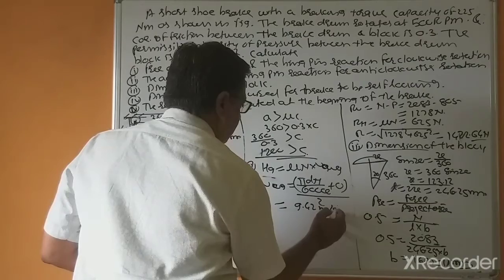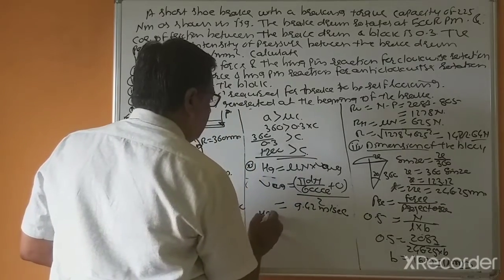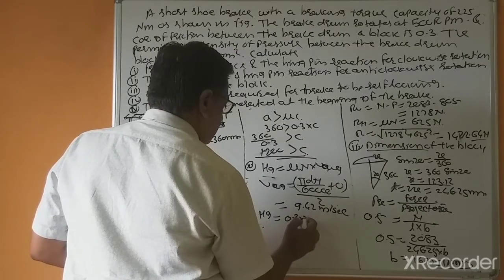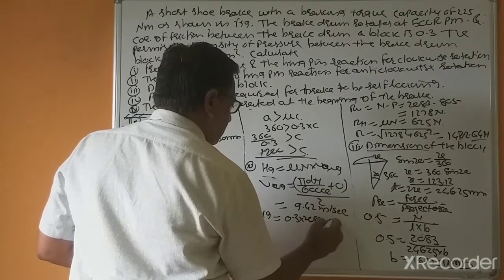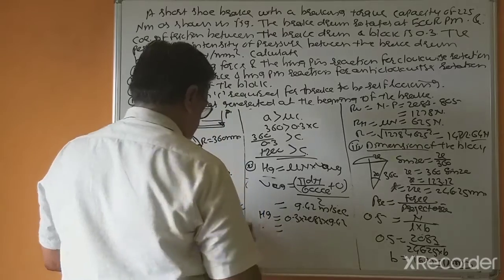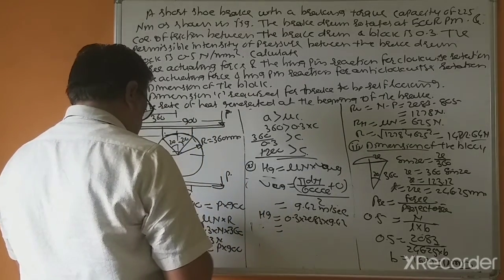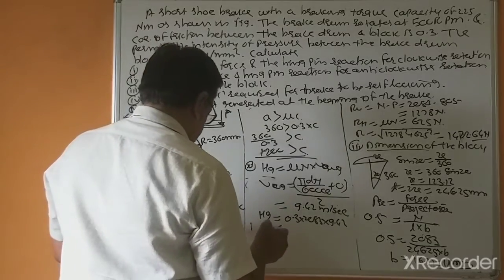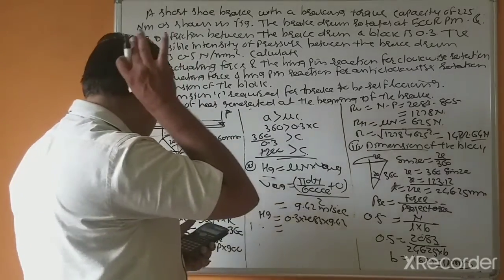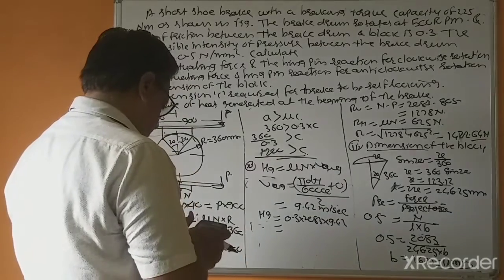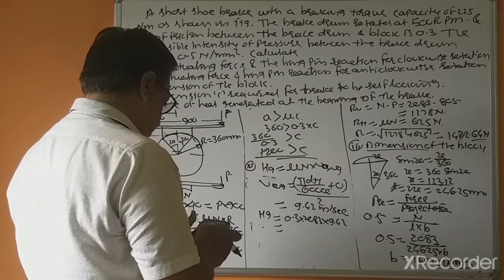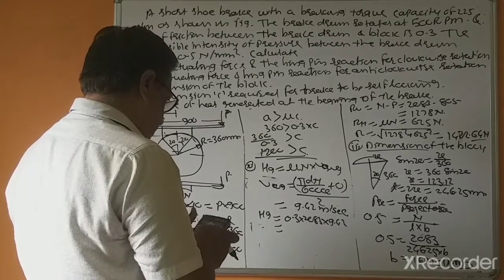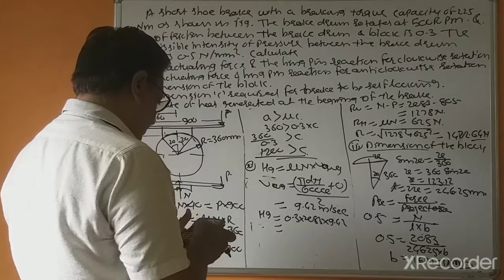So heat generated equal to 0.3 multiplied by 2083 multiplied by 9.42.